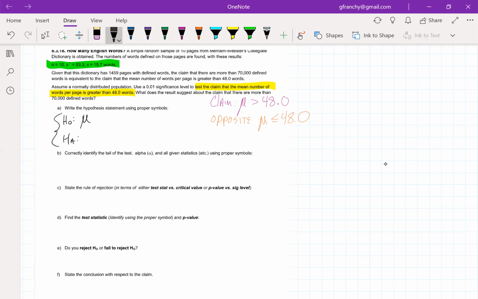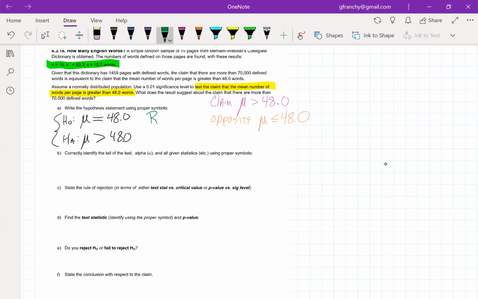And now we're ready to set up both our null hypothesis and our alternate hypothesis. If it's mu in the claim, it's mu in the hypothesis statement. If it's 48 in the claim, it's 48 in the hypothesis statement. And then in between them in the null, it's equals, because it's always equals between them in the null. And in the alternate, it's the strict inequality, which in this case is the greater than.